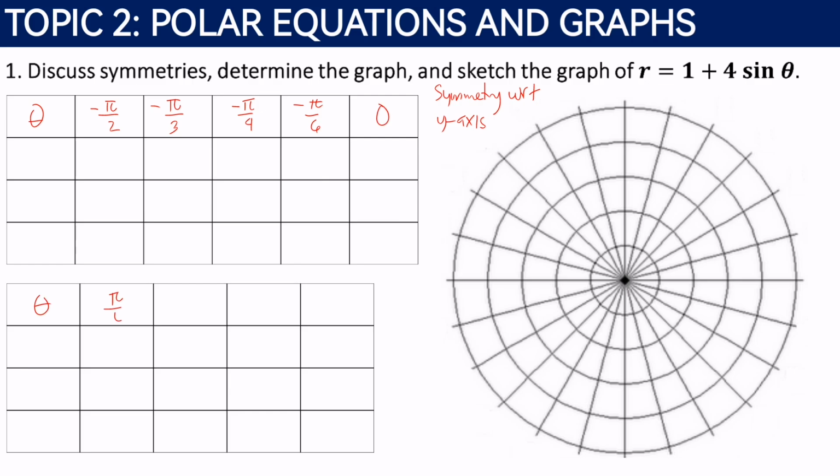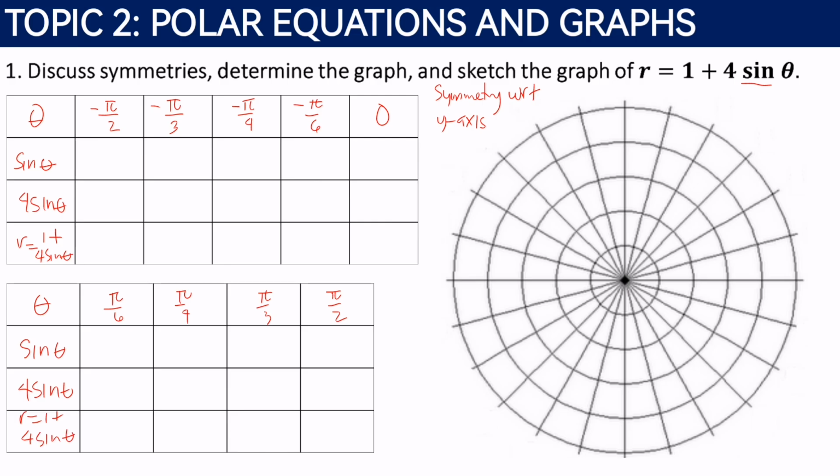Then pi over 6, then pi over 4, pi over 3, and pi over 2. After that, we take the sine of theta, and then multiply sine theta by 4. So that's 4 sine of theta. And lastly, solve for r, 1 plus 4 sine of theta.